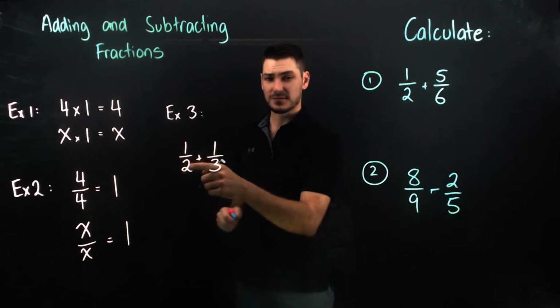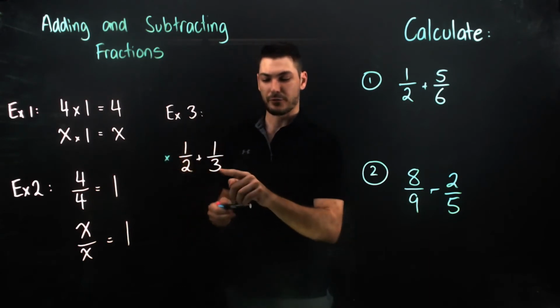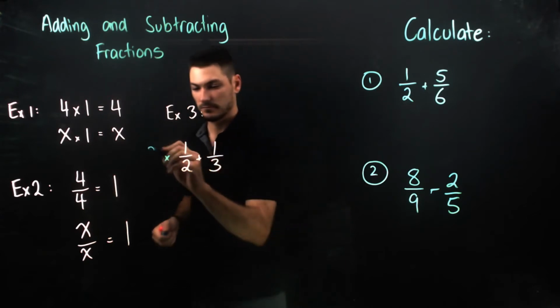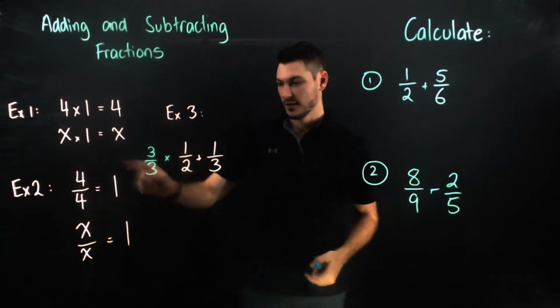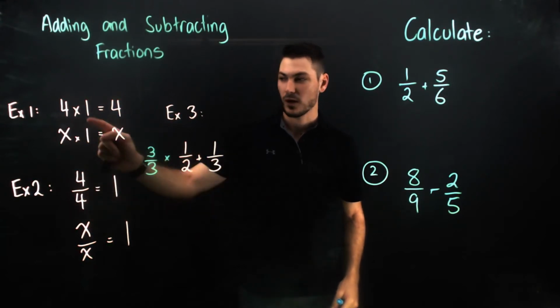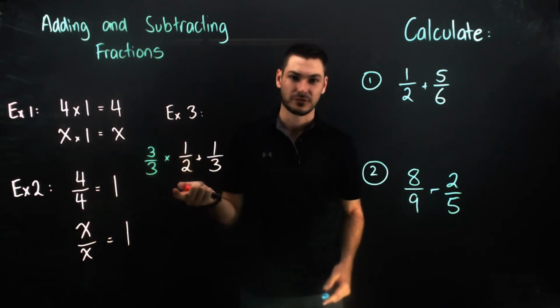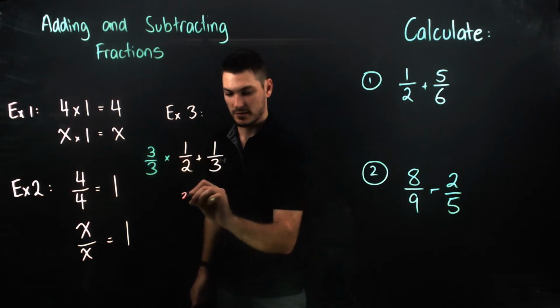So I'm going to times this one by 1, but in the form of 3 over 3. I hope based on this rule here, you'll agree that 3 over 3 is 1. And so when I times a half by 1, it equals a half still. Okay, that's going to turn this into 3 times 1, that's 3.